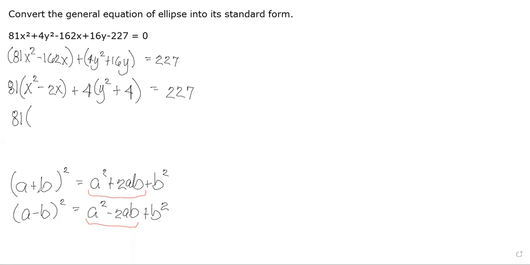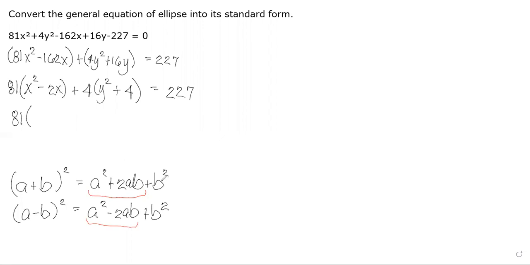Ito hindi natin alam kung ano yung equivalent niya kapag ganito yung format. Okay, so alam na natin ay 2 yan. Tapos x to, and yung x dyan, yung a. So 2b, this is already 2b. Ibig sabihin yung b natin ay 1.